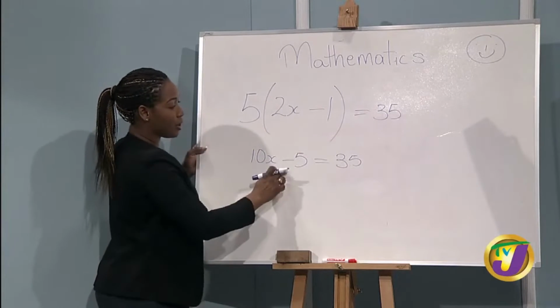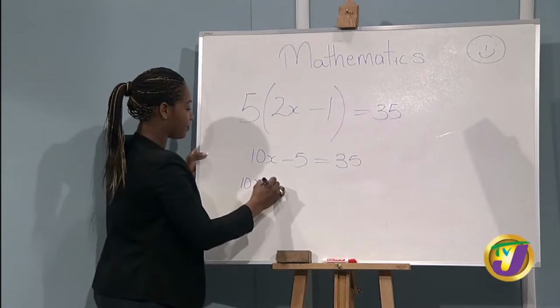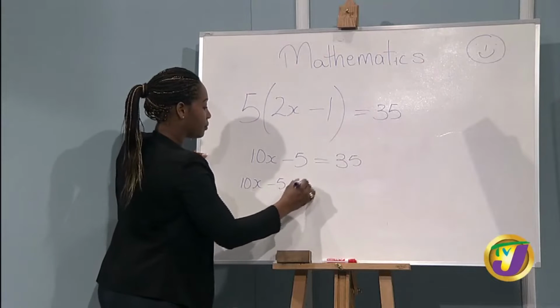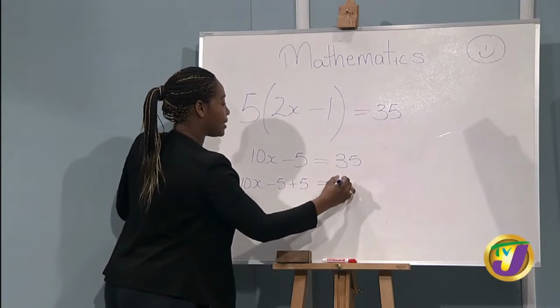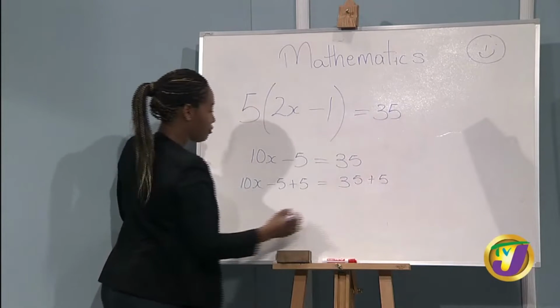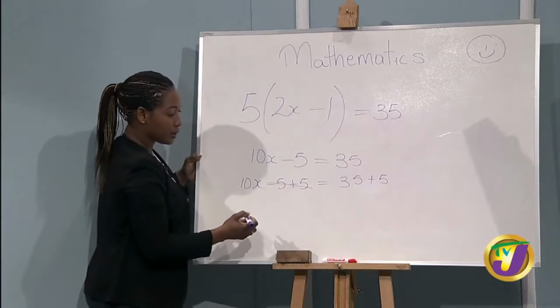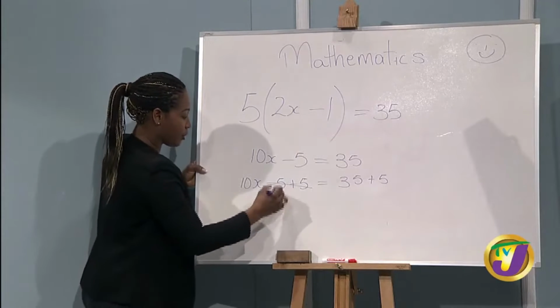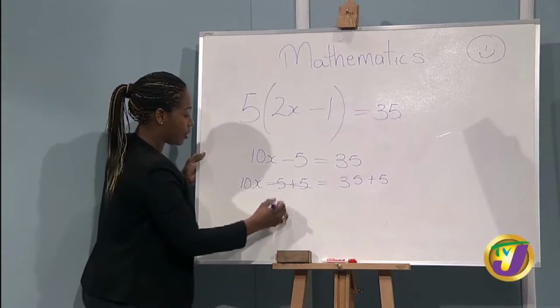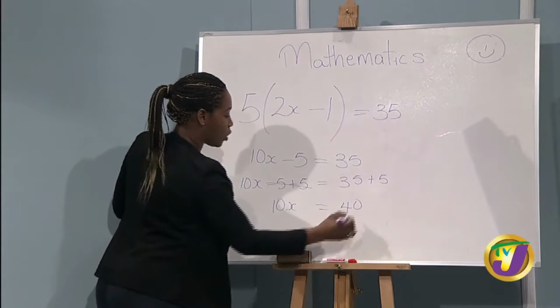So the last thing that was done, 5 was subtracted. We're going to add back that 5. And if I add it back to the left side, I must also add it to my right side. Negative 5 plus 5, that will give us 0. We'll call that a 0 pair. Your 10x is left. 35 plus 5 gives me 40.